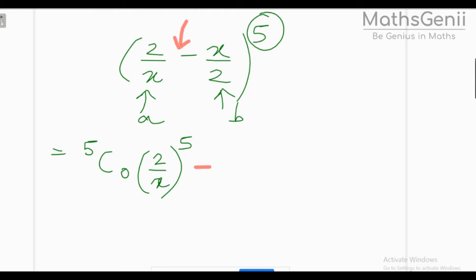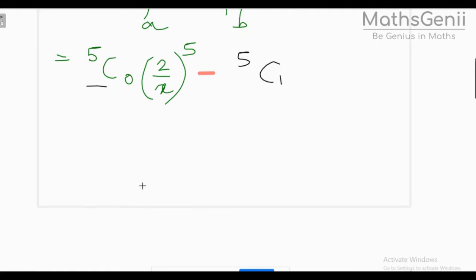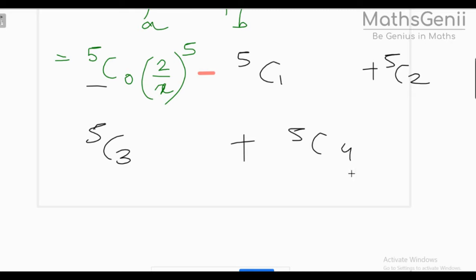Okay, let's continue. This is 5C0, then I have 5C1, then I will have plus 5C2, then I will have 5C3, then I will have 5C4, then I will have minus 5C5, then I have A everywhere.